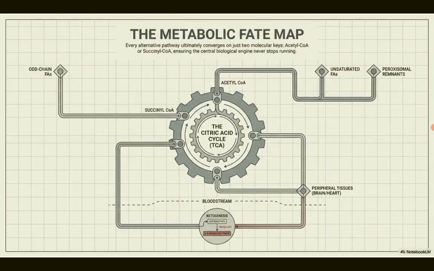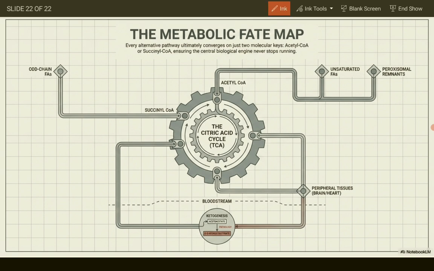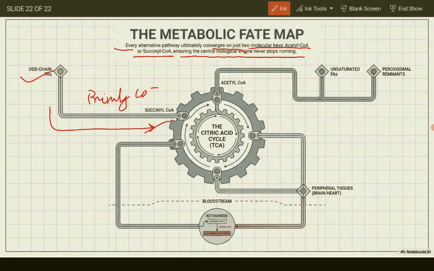The metabolic fate map. Every alternative pathway ultimately converges on just two molecular keys, acetyl-CoA or succinyl-CoA, ensuring the central biological engine never stops running. So odd-chain fatty acids produce propionyl-CoA, which will produce succinyl-CoA and enter the citric acid cycle.